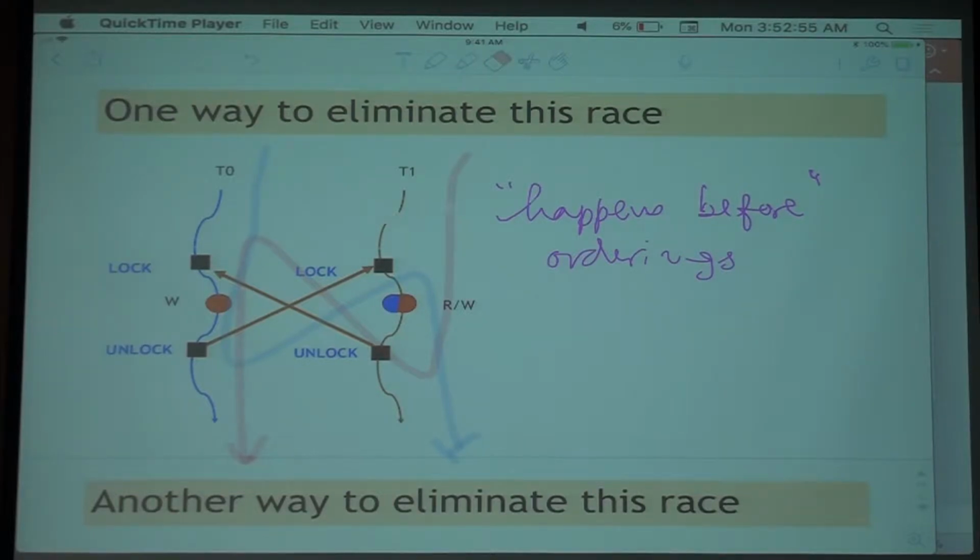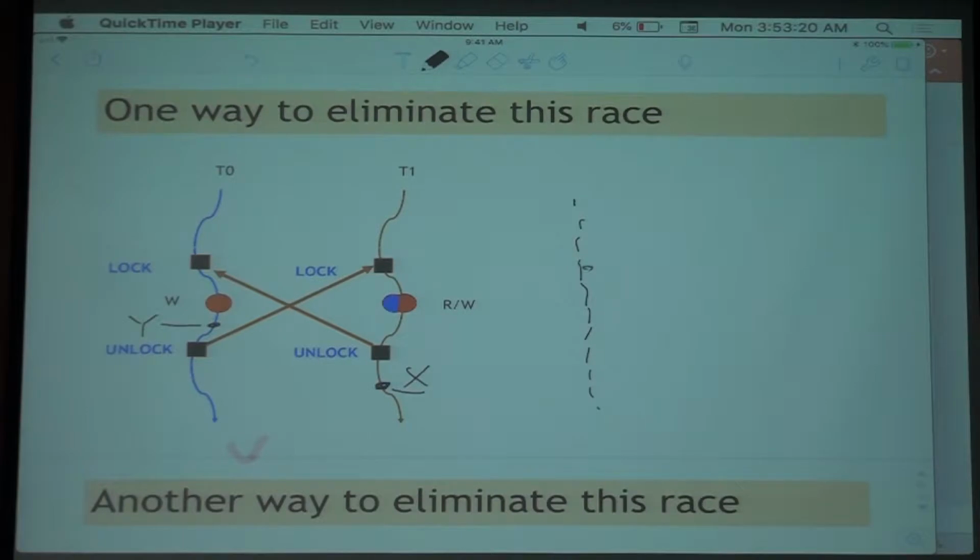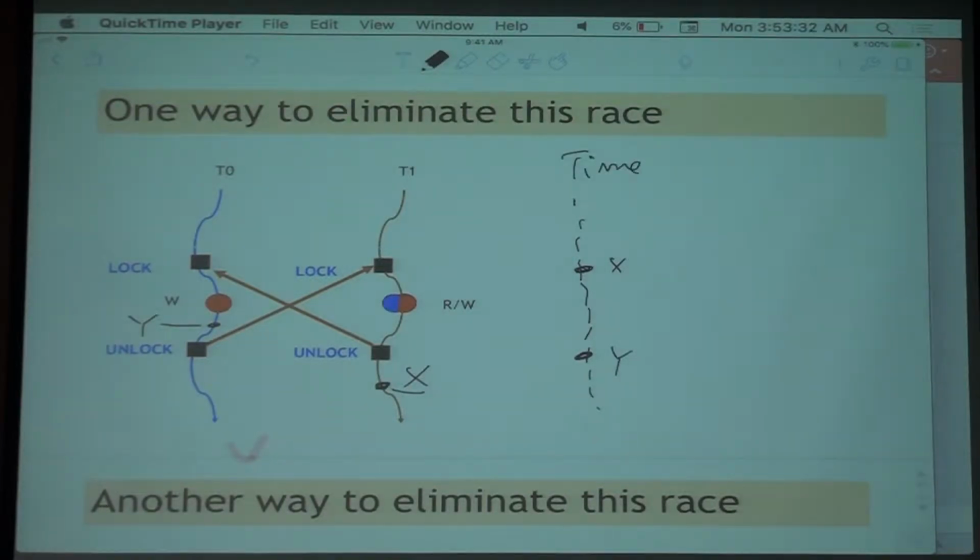For instance, if I pick two instructions here, x and y, when you display the time order of occurrence of x and y in one interleaving, you may see x happen before y in time order, or in time you may see y before x.